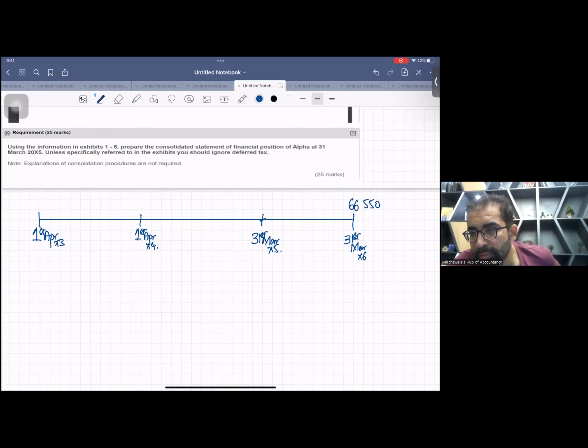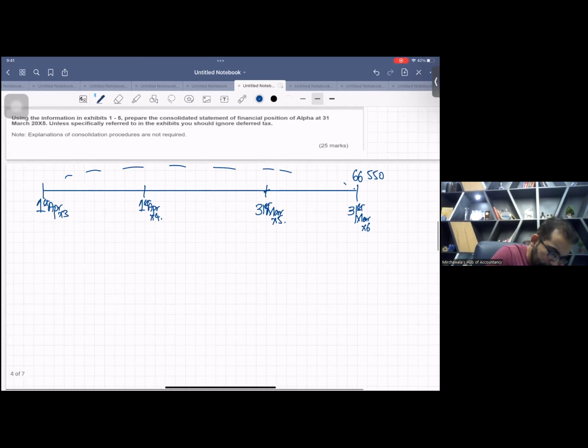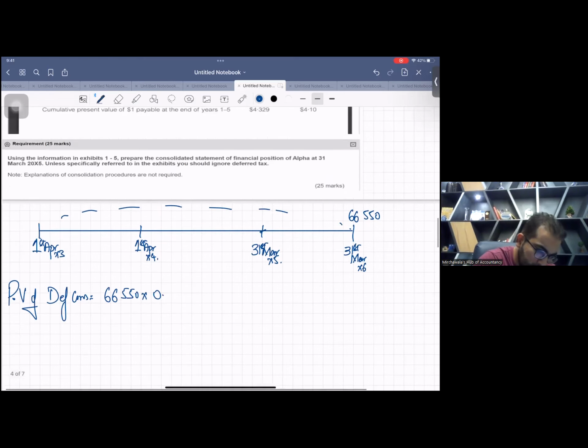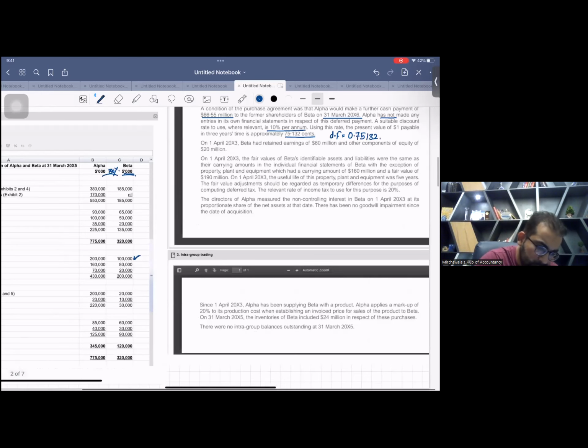So I just adjusted 3 zeros as well. So 66550. First of all, you need to calculate the present value. Present value of deferred consideration, the formula is simple. Simply write the cash flow 66550 times 0.75132.